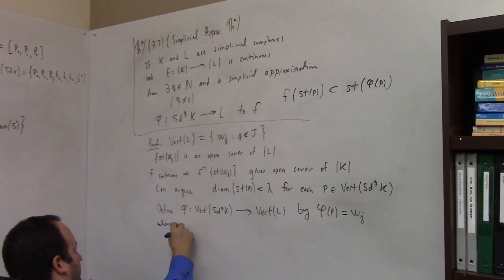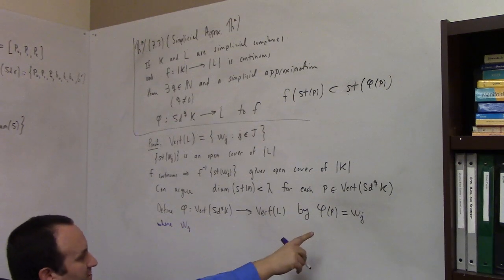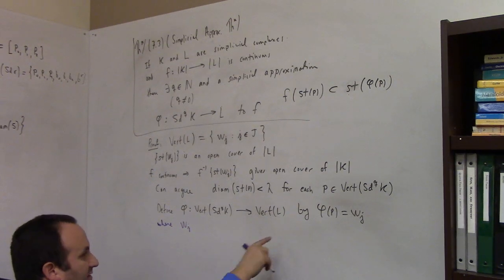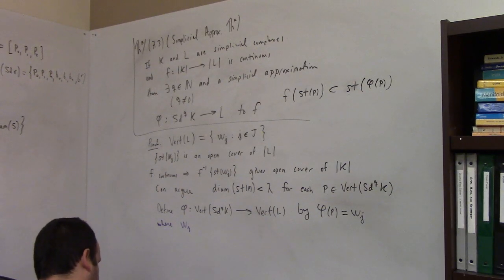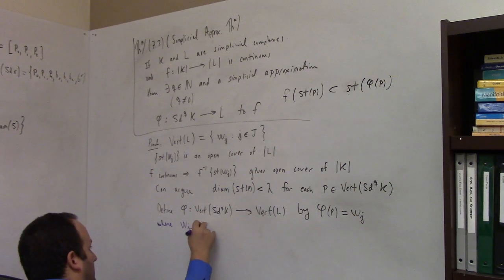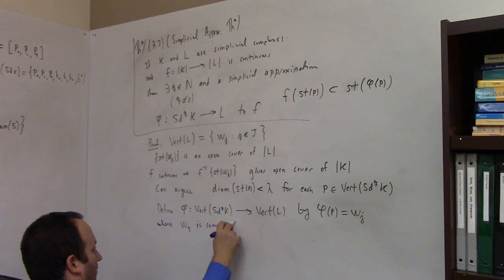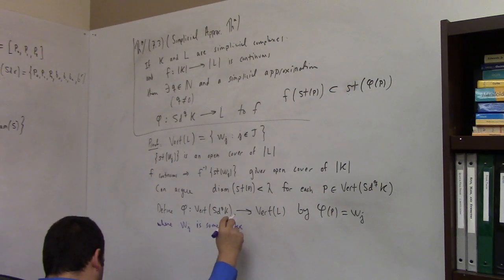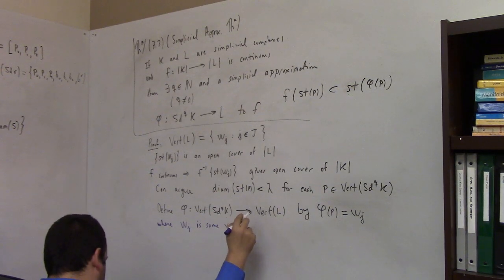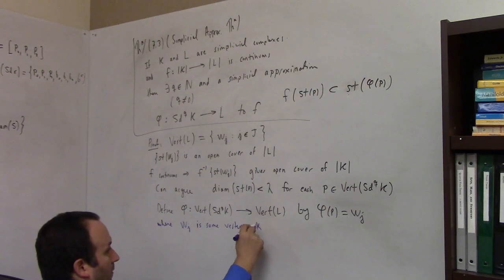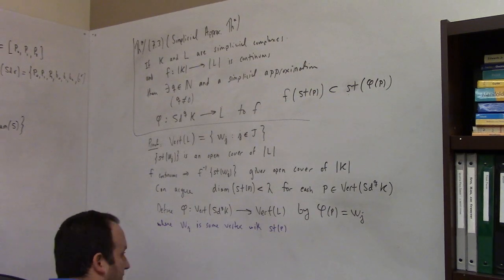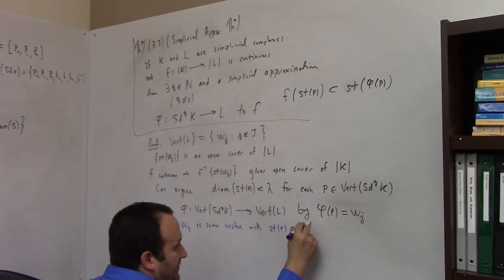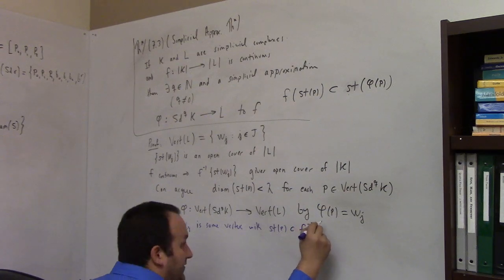What is the Wj? Which j, right? It's not entirely obvious yet. Where Wj is some vertex with the star at P a subset of the inverse image of the star of Wj.